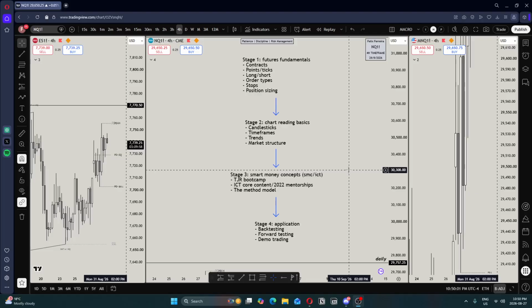After you finish the TJR bootcamp, next steps after that, really one of two things. You could either go down the path of learning straight from the source, which would be ICT. The reason why many people do not do this is because his mentorships are very lengthy.